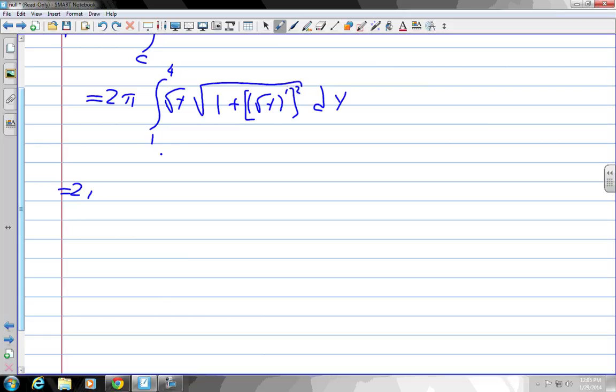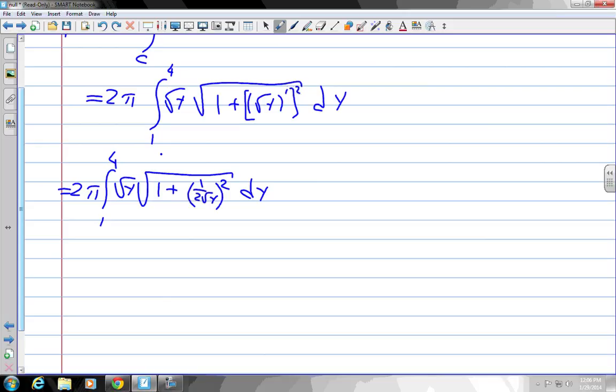So from 1 to 4, square root of y, and then this is 1 plus the derivative of the square root, which is 1 over 2 square roots. But then we're squaring it. Is that okay?